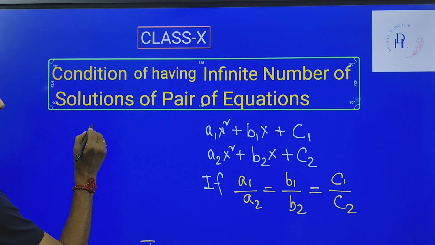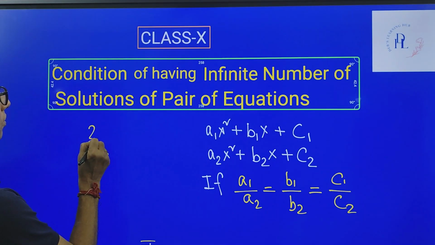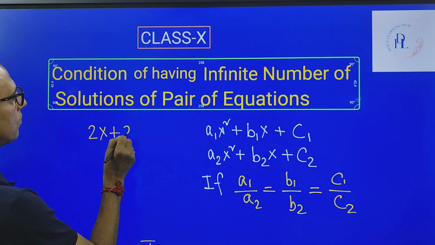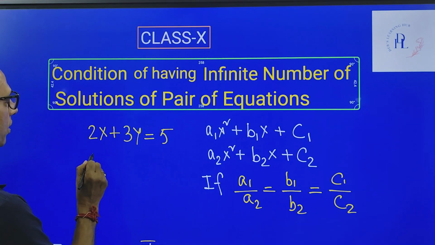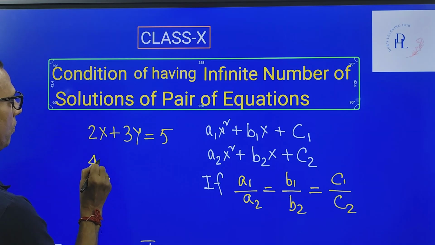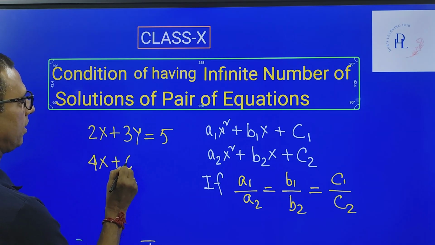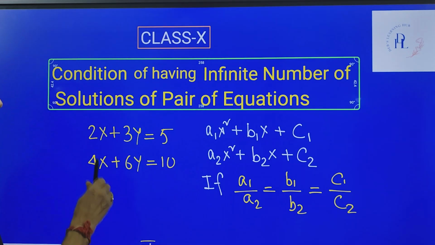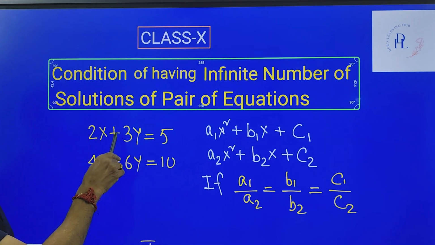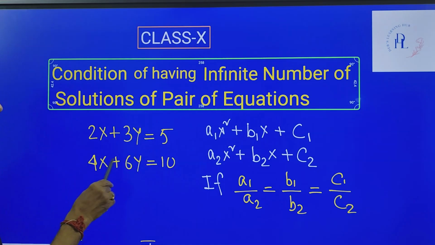What does it mean? Let's say there is one equation 2x plus 3y equals to 5, and another equation I am writing it down, 4x plus 6y equals to 10. Actually what it is, I am just multiplying 2x plus 3y equals to 5, this equation, with 2. So 2x becomes 4x, 3y becomes 6y, 5 becomes 10.